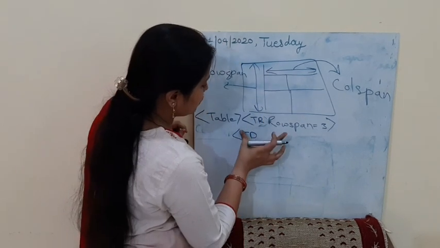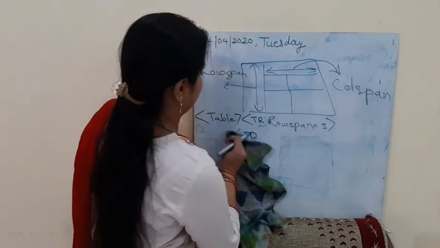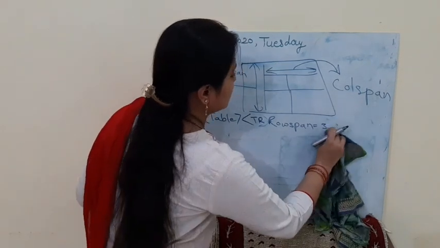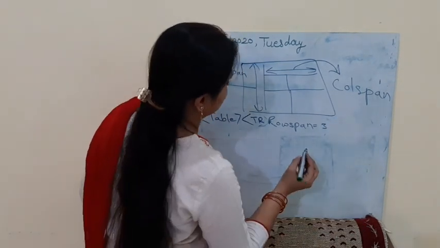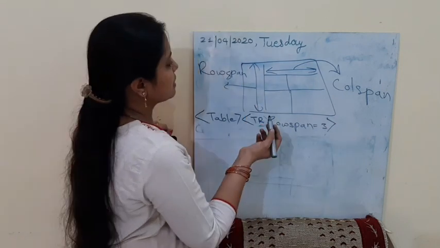Then in the same row, I am seeing col span 2. I will be writing here, for example, let me write here something.